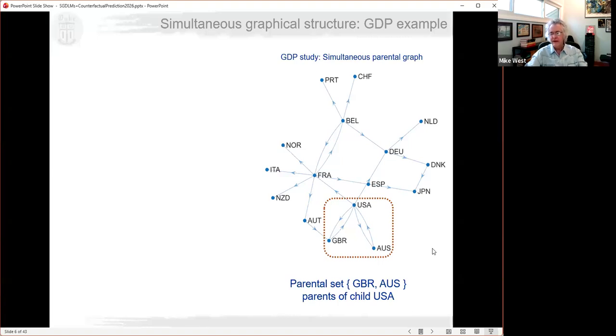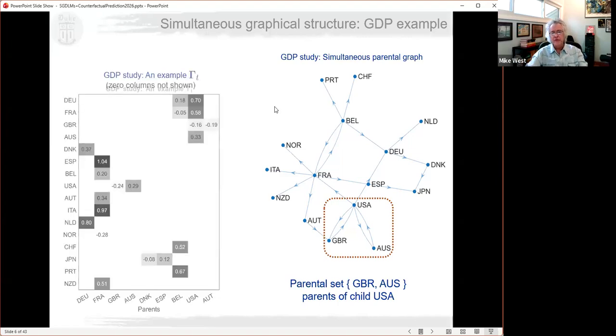So this gamma matrix in this case is 16 by 16, and here's a picture of it at a snapshot in time. This is 16 by 9 because 7 of the columns happen to be 0, so I've just left them off the graph. And the white indicates 0, and the colors with numbers indicate what I earlier called these gamma terms.